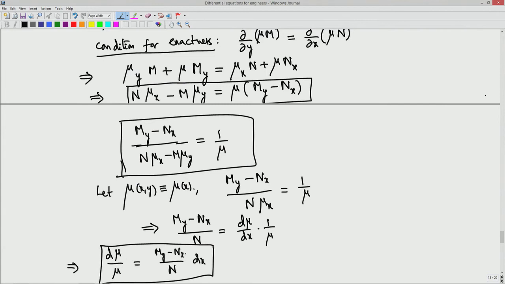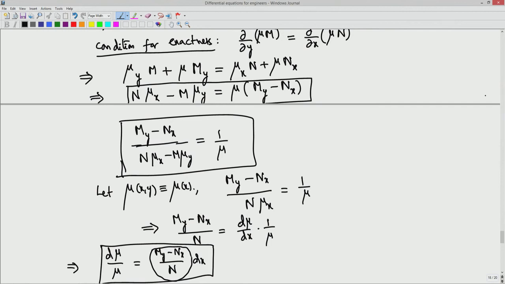To solve for such a mu, (dou M by dou y minus dou N by dou x) divided by N should be a function of x. Then only can I get such a mu. So what should I check in this case?